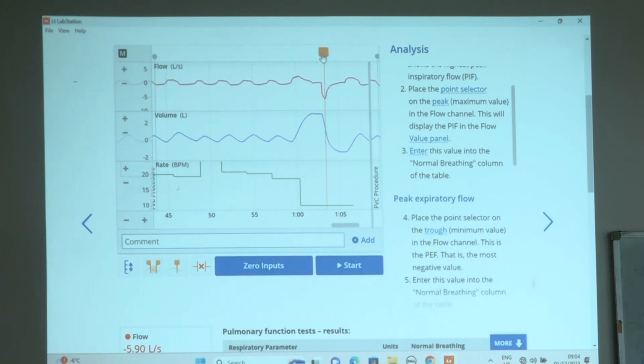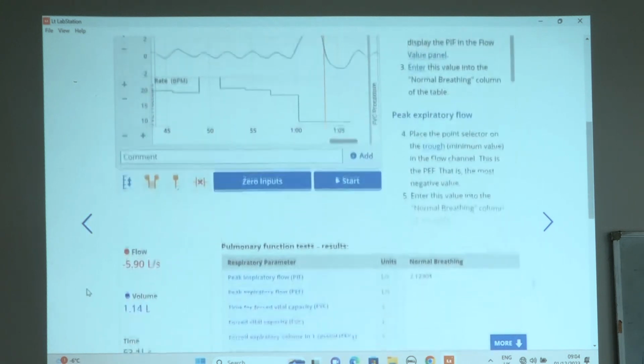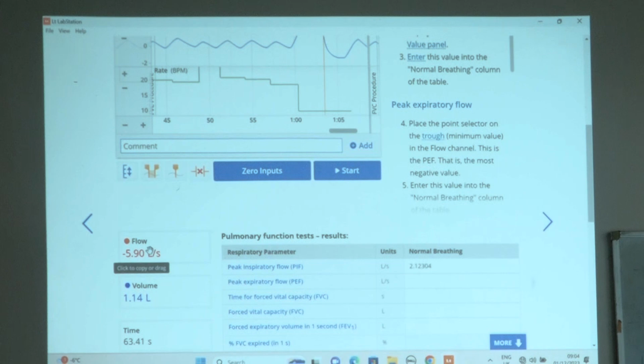Yes. Our reference point is the flow, so do not be confused by the other volume and rate channel. We are looking at flow. And then the value that we have, we drag and drop as our peak expiratory flow. The next one is time for first vital capacity. Why is it negative?